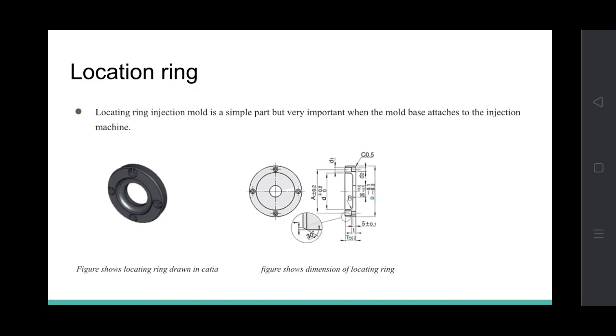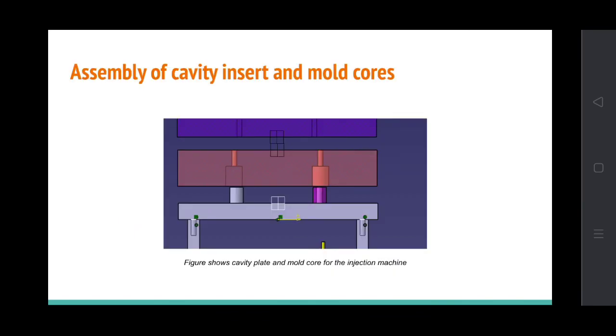The locating ring is about the same size as the sprue bushing as they will be assembled together. The figure below shows the locating ring, which is drawn in CATIA, with its dimensions.